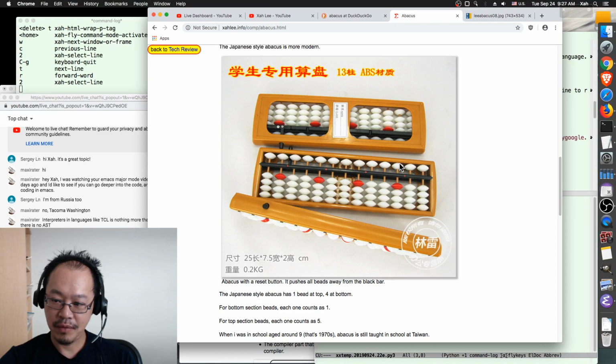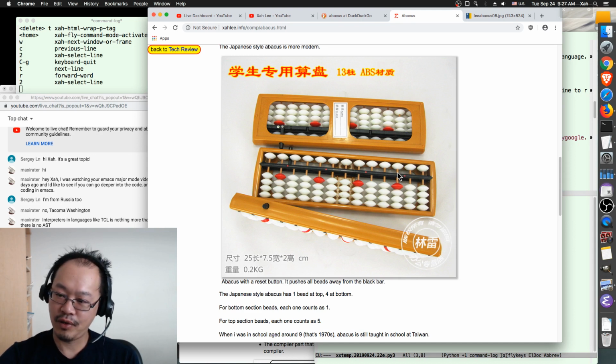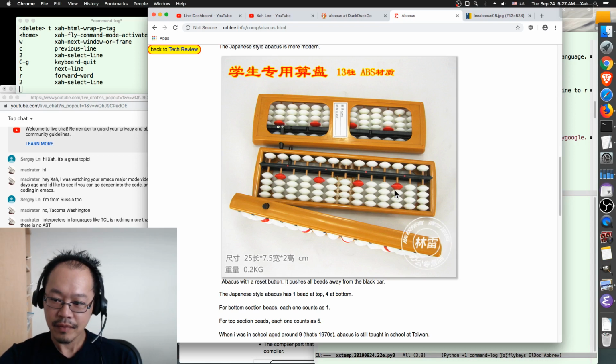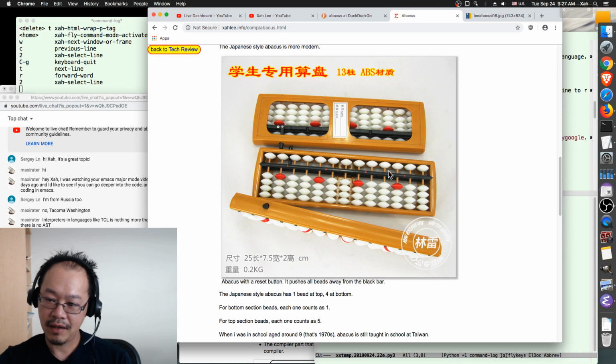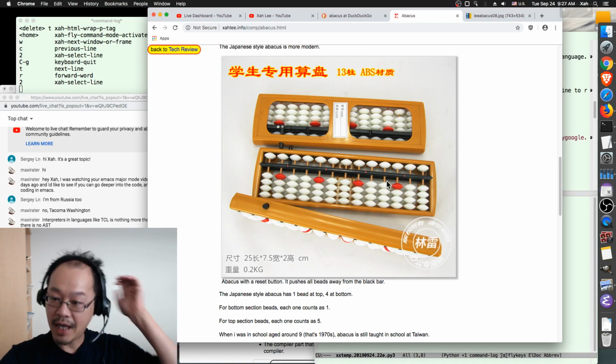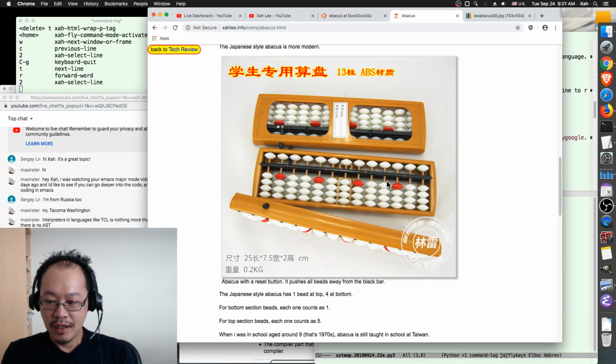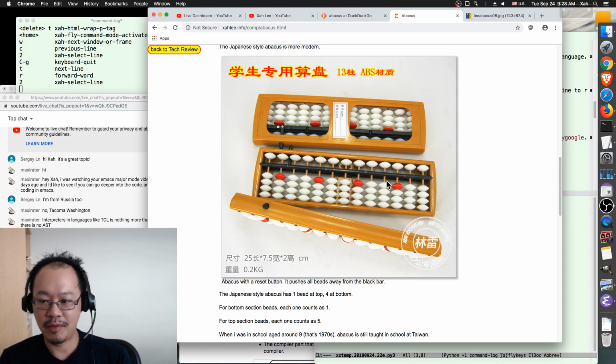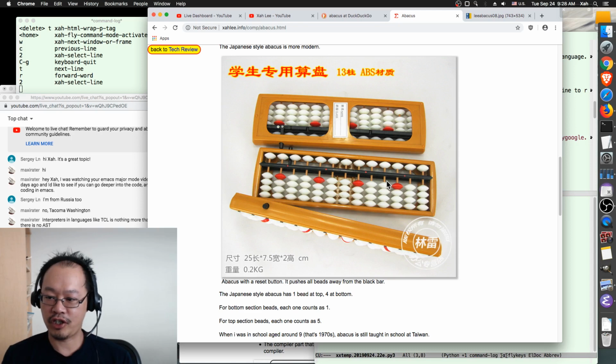For five, you push the top row down. Five pushed down and one bottom pushed up means six. In this column the maximum is 9. If you want 10, you push the bead to the left of it up. So that's an abacus. It's one of the easiest machines to understand.